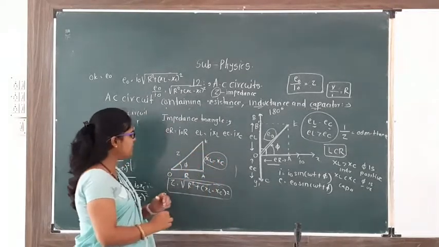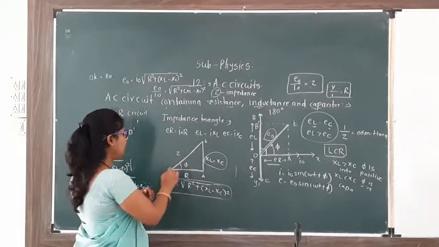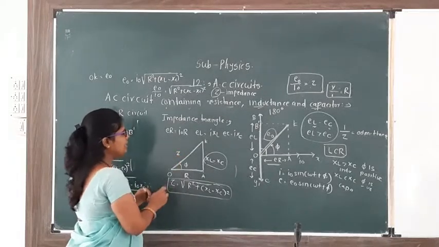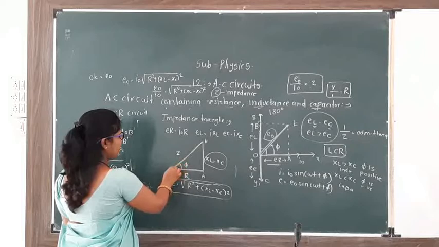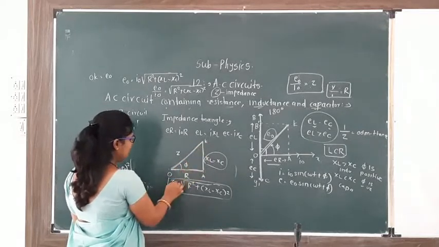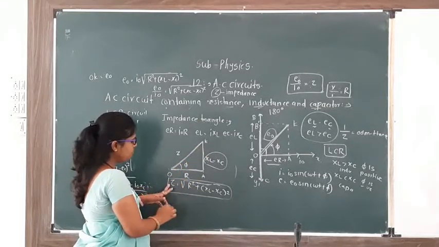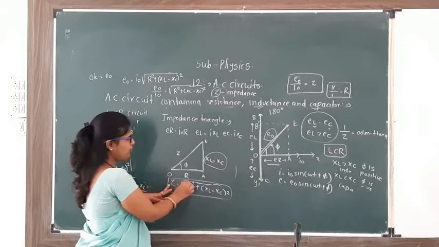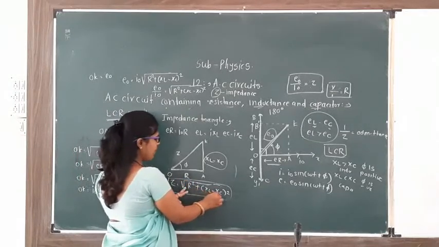OK represents the impedance. That is the impedance triangle. Z means impedance, equal to the square root of R square plus XL minus XC square.